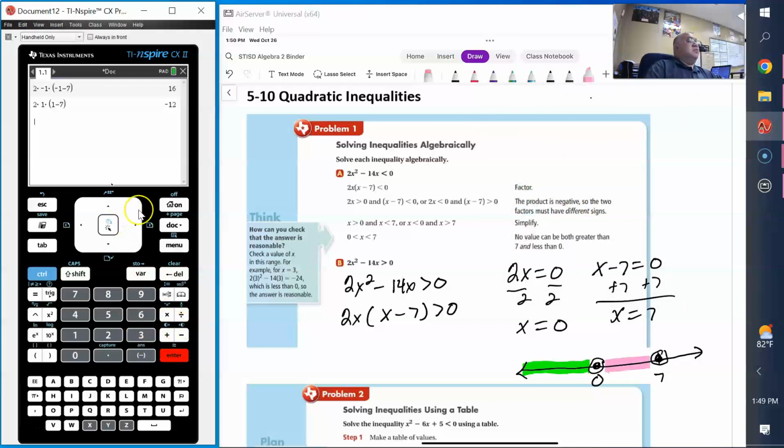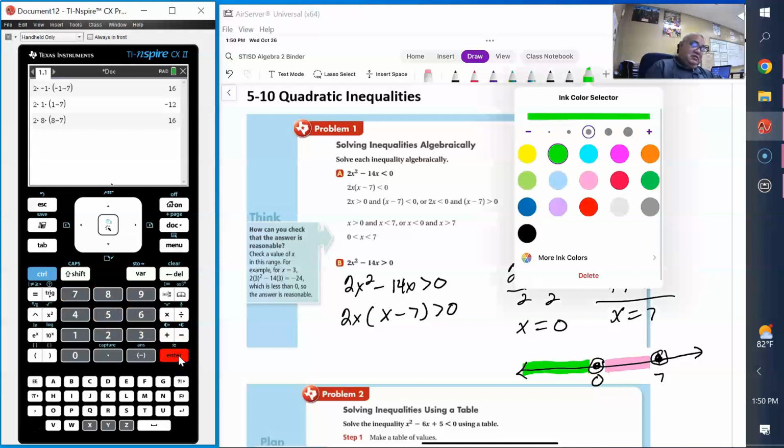Now let's use a number that's after 7, so let's say 8. So we have 2 times 8, parentheses 8 minus 7. It is greater than 0, so I'm going to use the color green to indicate that this is part of the answer.